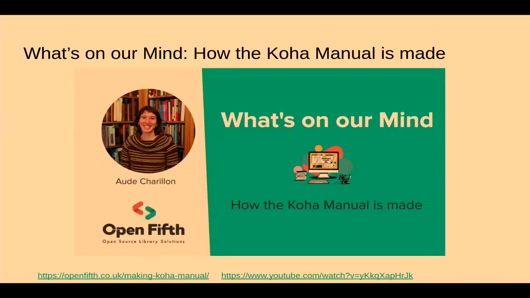So if you don't remember anything I said or want to do something else, you can watch this video, which is much better than what I'm going to show you. So how do we do things with the manual specifically?